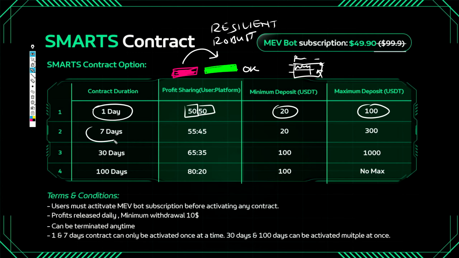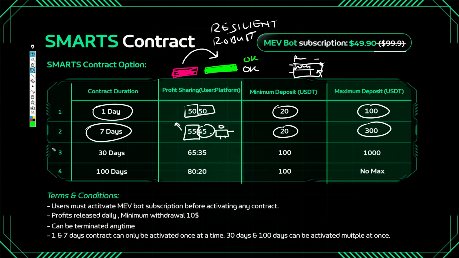So I'm going to go 7 days now. With 7 days, I stand a chance of getting 55%. 45% goes to the bot. I can come in with $20 still, but I'm allowed $300 max. So I do 7 days, and I'm happy.